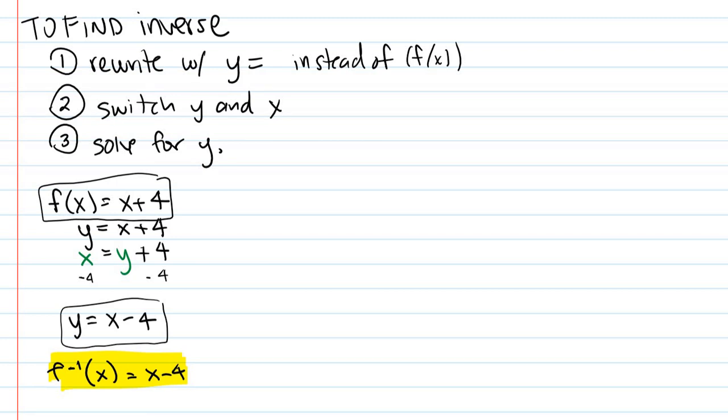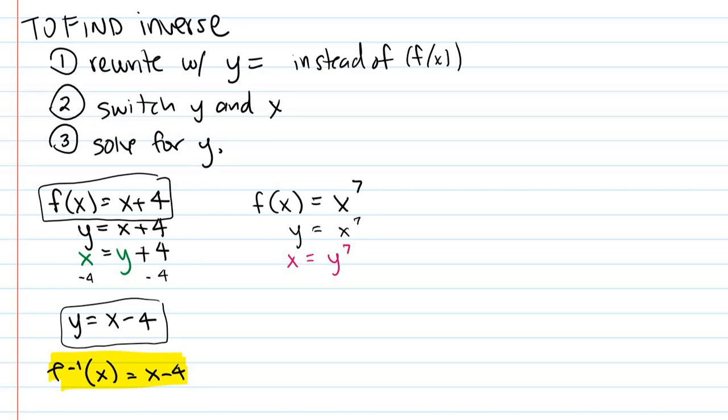All right? Say we had f of x equals x to the 7th, and I want to write the inverse of that. Again, I'm going to start by writing y equals x to the 7th. Then I'm going to flip-flop the x and the y. So I have x equals y to the 7th. And now I need to isolate y. How do you undo raising something to the 7th power? Well, how did you undo squaring something? You square rooted it. How did you undo cubing?